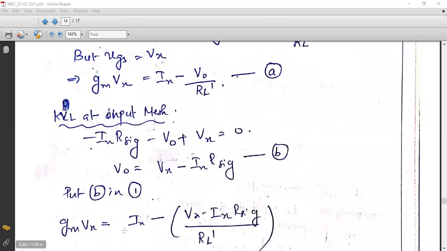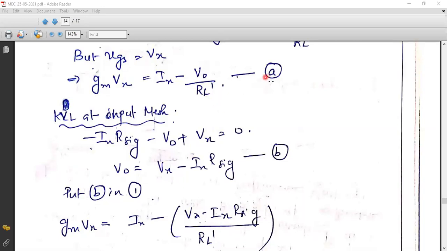So gm Vx is equal to Ix minus, in place of V0, we can put Vx minus Ix into Rsig, divided by RL dash.